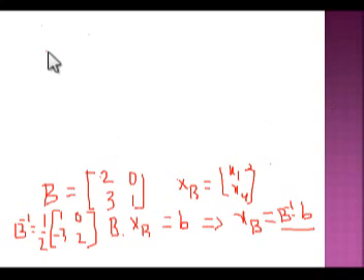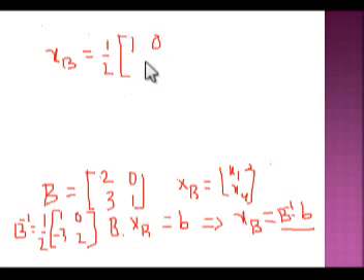So xB will be B inverse, which is half of the matrix 1 0 in the first row, minus 3 and 2 in the second row, times b, which is 10 and 24.